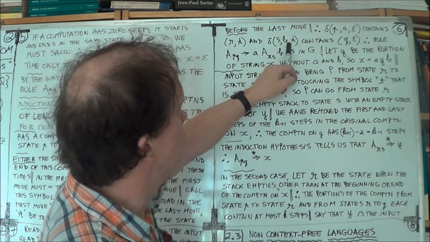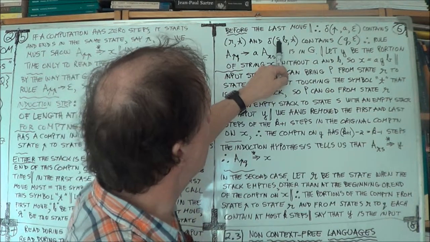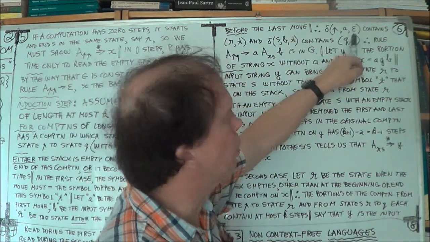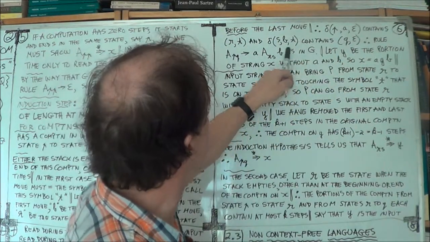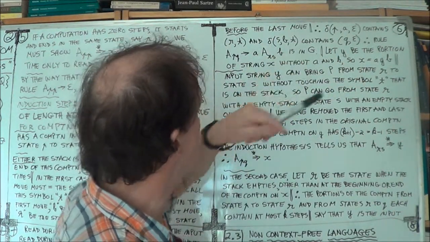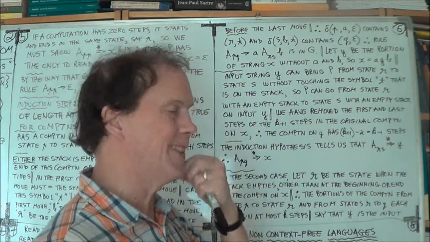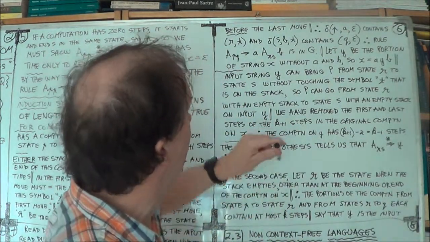And you must have another transition rule that will take you from state s to q. So this ordered pair must be a member of this transition rule. Remember, transition rules in nondeterministic PDAs are sets of ordered pairs.